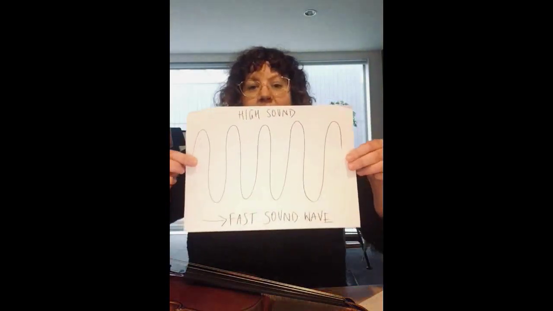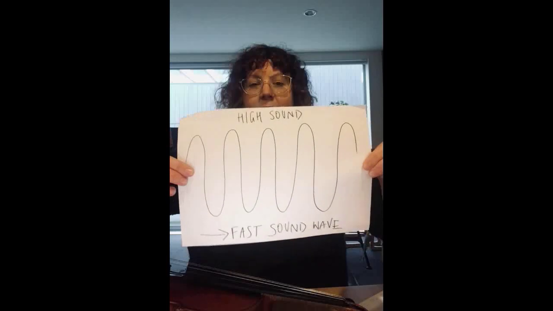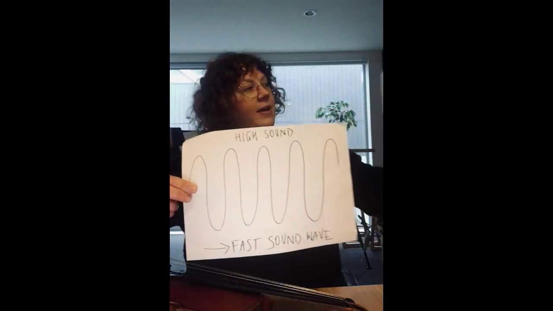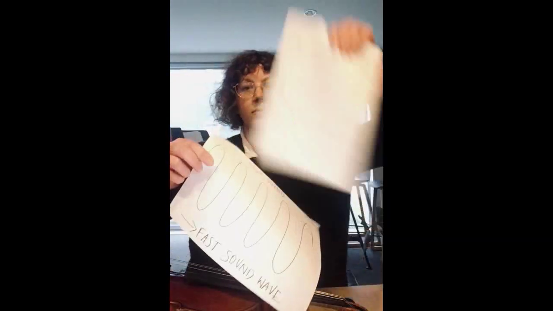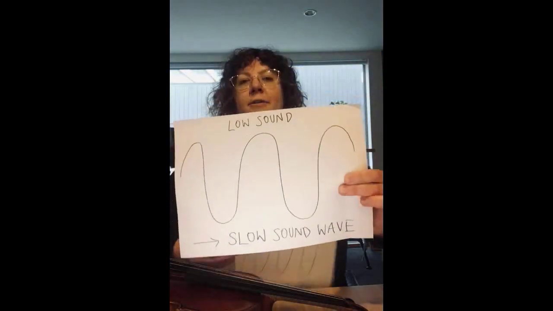When vibrations are really fast, the sound is often higher in pitch, and when it's slow, it's lower in pitch. So here we have a fast sound wave, and here we have a slow sound wave. So you can see the difference between the two.